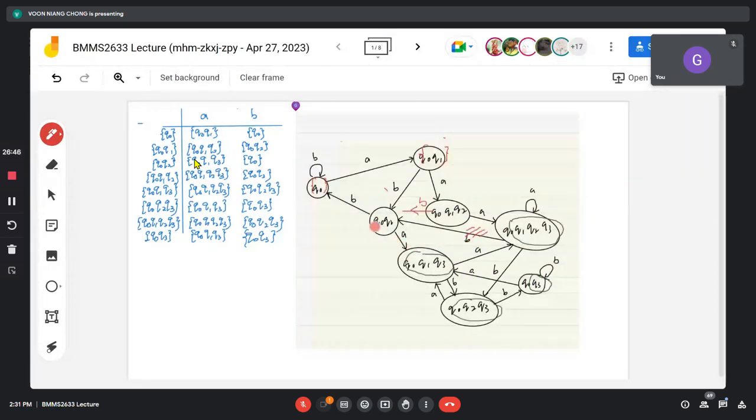You need to add the brackets to show that it is a step in one group. If you write like this, Q0, Q2, it is considered as two different steps already. So this is the diagram for the deterministic finite state machine.